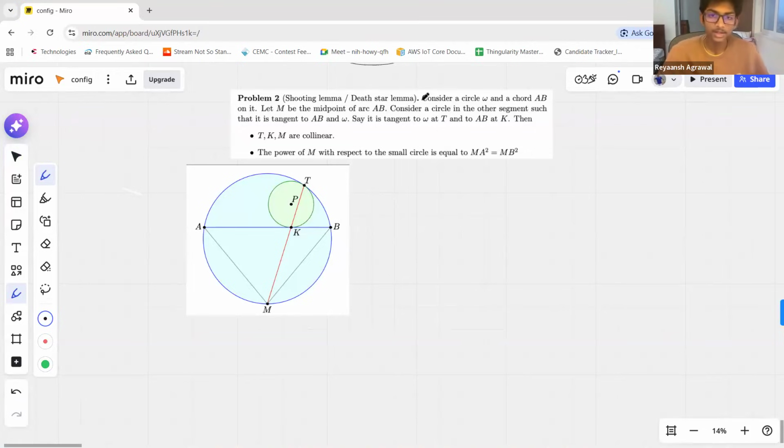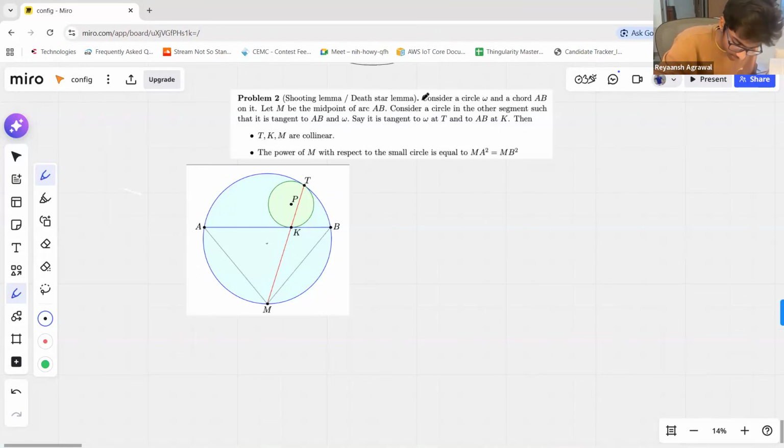So we have a circle and we have a chord AB and M is the midpoint of arc AB, and we consider a circle in the other segment which is tangent to AB and the circle, and the tangency points are K and T. We want to show first of all that T, K and M are collinear.